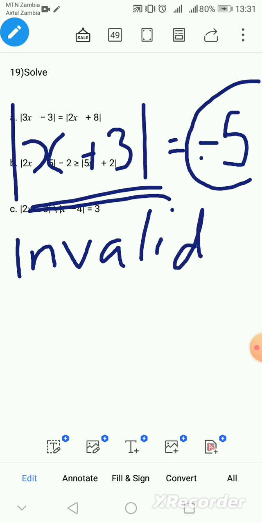So you keep this in mind, because this is a very tricky question that is usually encountered in tests or in quizzes where we are given a modular equation with a negative outcome. So as long as the outcome that you've seen is negative, just keep in mind that that equation is invalid.